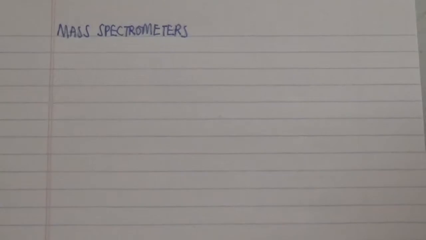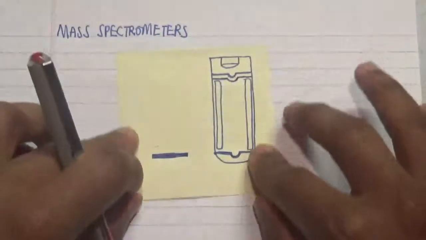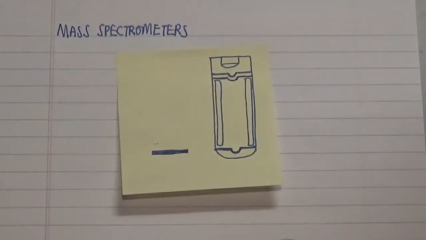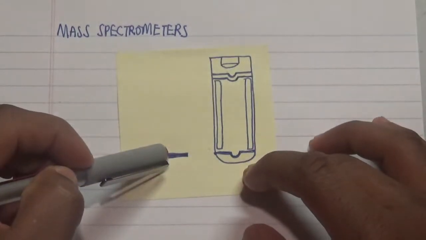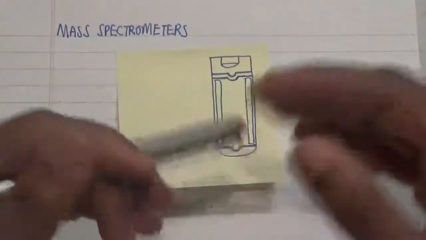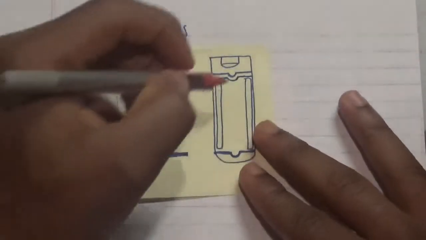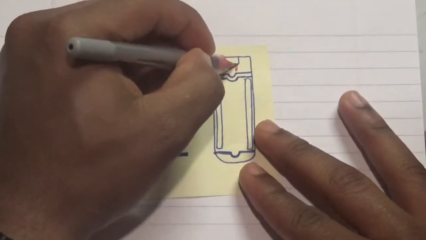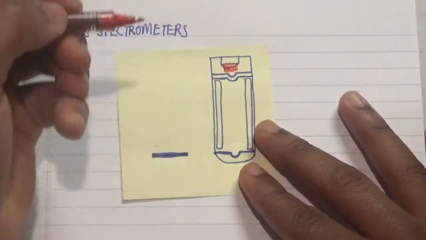Now in this mass spectrometer we have a schematic, or I would say a skeletal diagram. We have this segment here and this other segment over here. Let's dive deep into the applications of this. First, we need to take note that this releases positively charged ions.